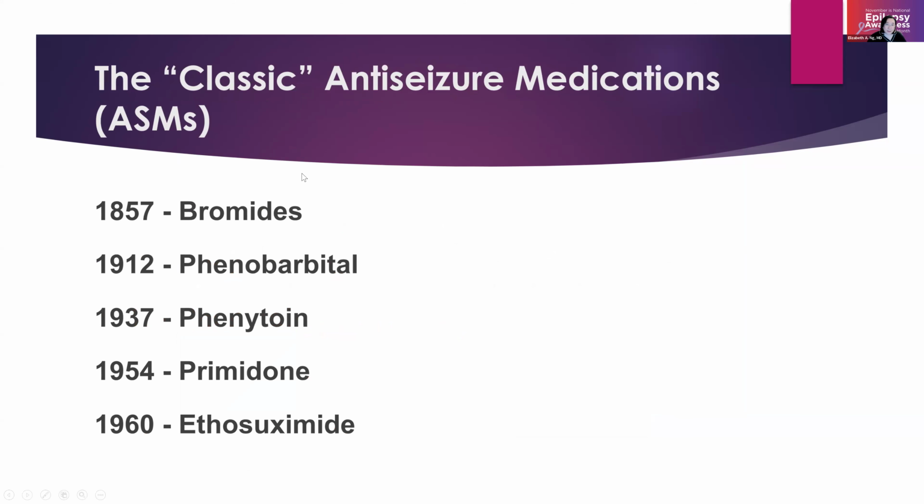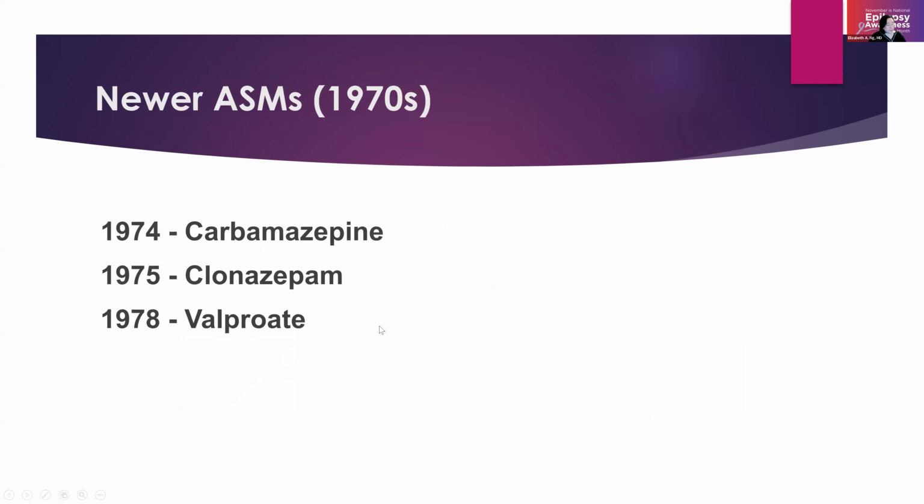So these are the classic anti-seizure medications that were developed in the 1850s and the 1960s, like bromides, phenytoin, ethosuximide, and phenobarbital. These are the anti-seizure medications that were developed in the 1970s, like clonazepam, valproic acid.